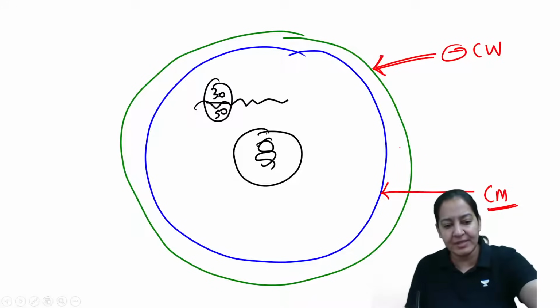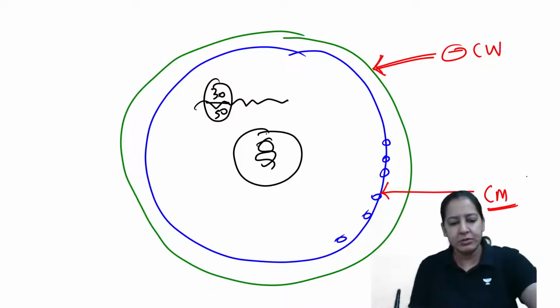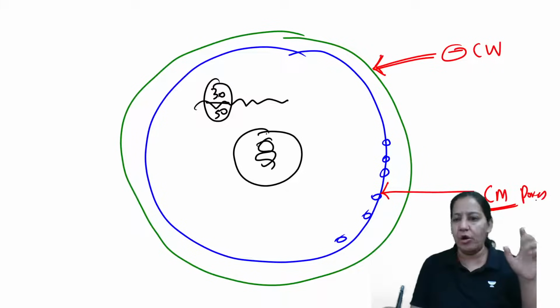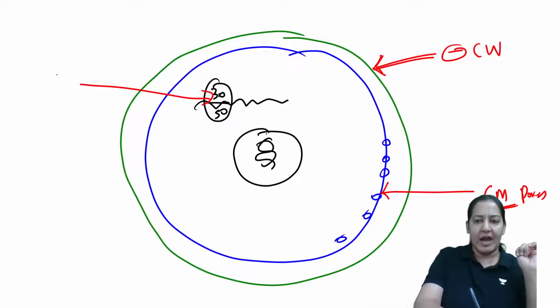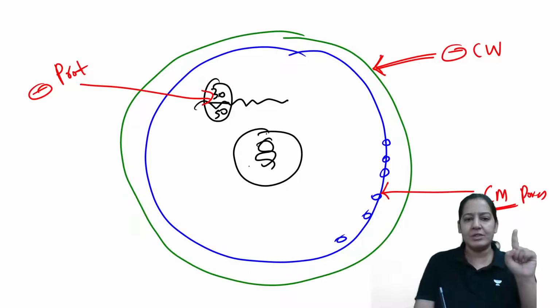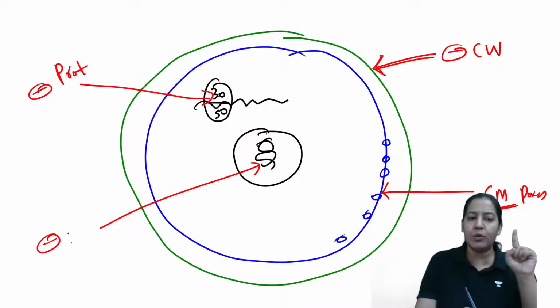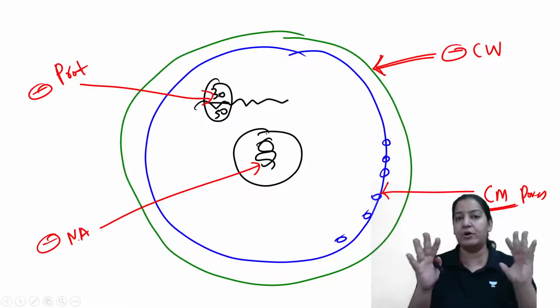Second, there are some antibiotics which cause pores in the cell membrane, this blue color cell membrane. They are causing pores in the cell membrane, not inhibiting the synthesis. The third, there are some which act on the ribosome and inhibit protein synthesis, right? And the last one, there are some which inhibit nucleic acid synthesis. So these are the four categories of the antibiotics.